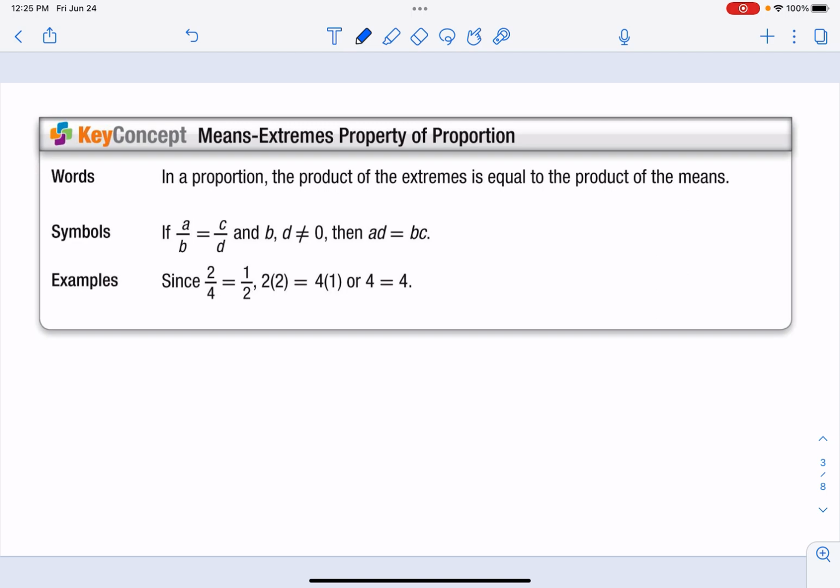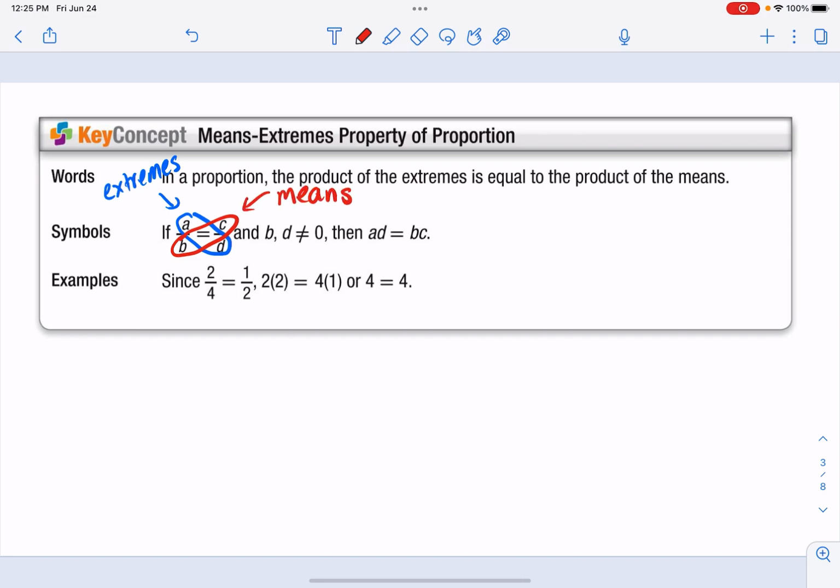Means and extremes. In a proportion, the product of the extremes is equal to the product of the means. What that means is A and D are what we call the extremes, and B and C are what we call the means.